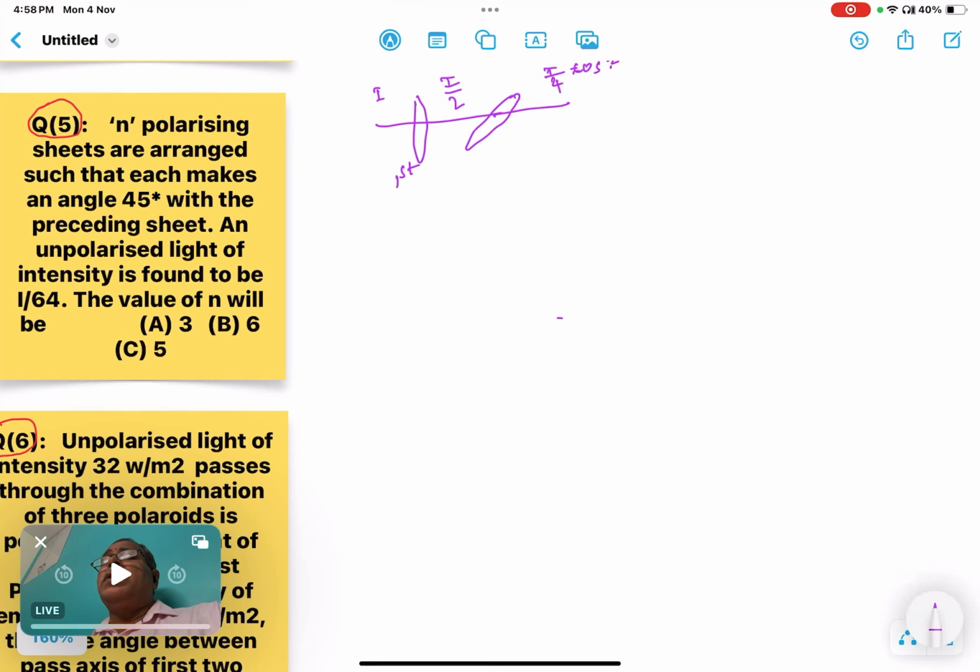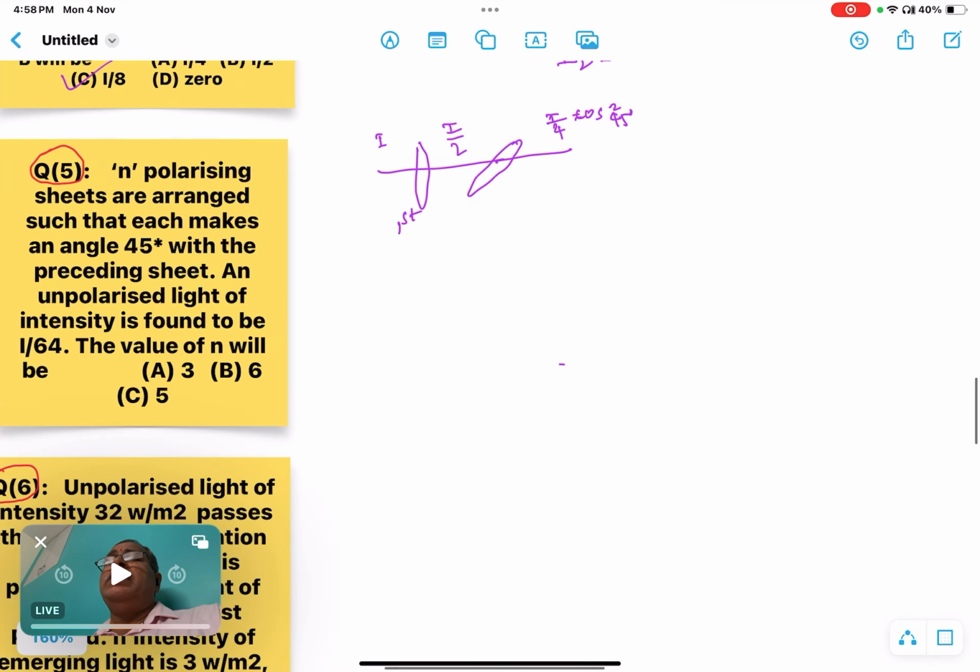Cos square 45 degrees means I by 2 times 1 by 2, that is I by 4. I by 4 in the sense I by 2 square, right?